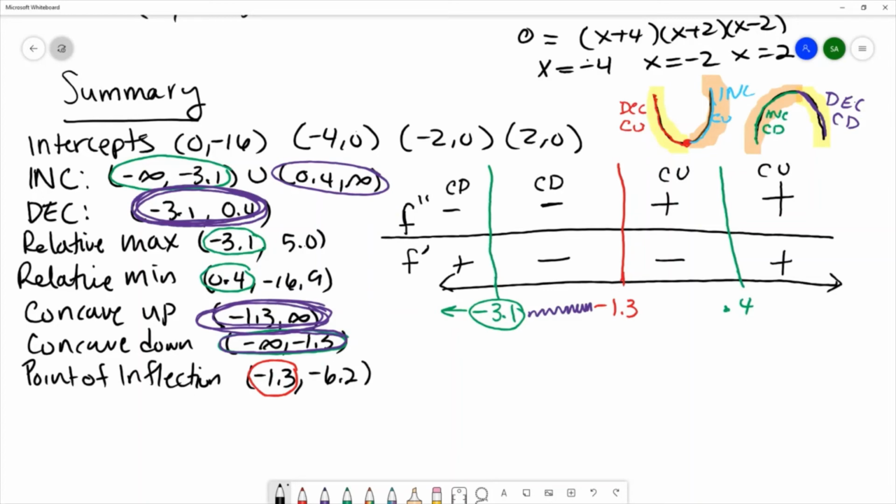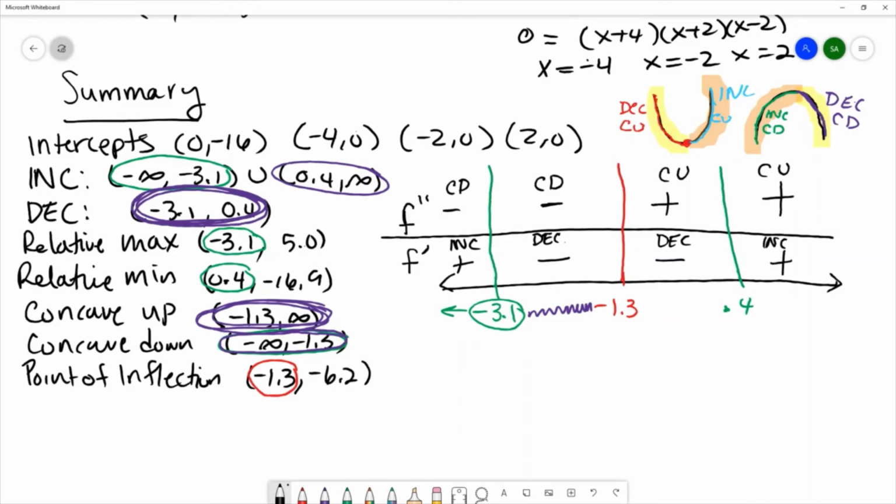For the first derivative, we have positive being increasing, negative being decreasing, decreasing, and then increasing.